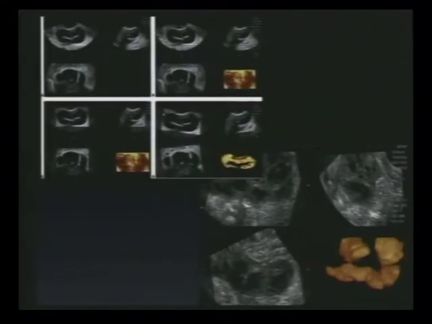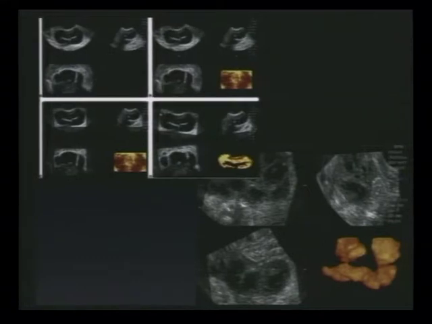As you can see here, many different hydrosalpinx evaluated by the inversion mode technique. This is the sectional plane. This is the inverted rendering. And this is, again, the sectional plane and the inverted mode of the hydrosalpinx.